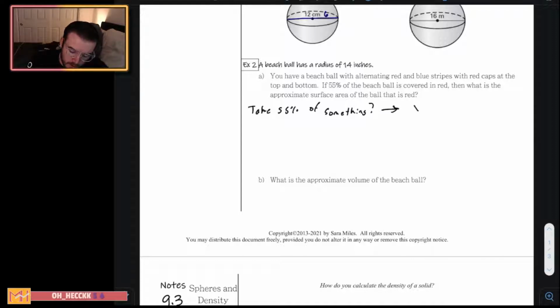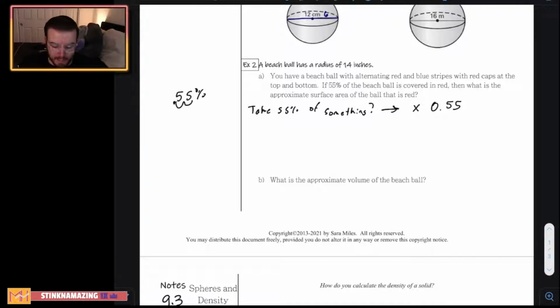Well, you multiply by 0.55 because that is 55% as a decimal, right? You were taught at some point in your life to move the decimal 2 places to change your percentage into a decimal, right?